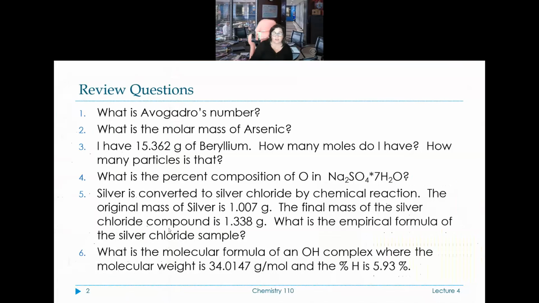And take a look at 6. What is the molecular formula of an OH complex where the molecular weight is 34.0147 grams per mole and the percent hydrogen is 5.938 or 5.93%? Well, let's write some stuff down.